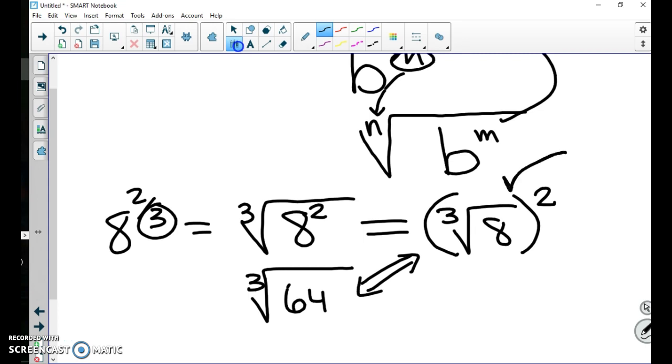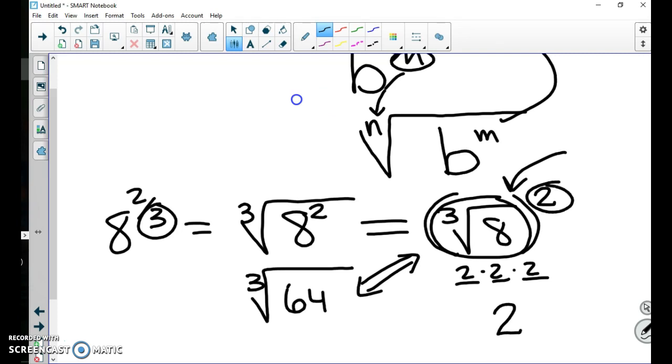This one, in my mind, seems to make more sense because I understand the cube root of 8. 2 times 2 times 2. We've completed this part inside. The cube root of 8 is 2, and if I raise that answer from inside now to my second power, I get the solution 4.